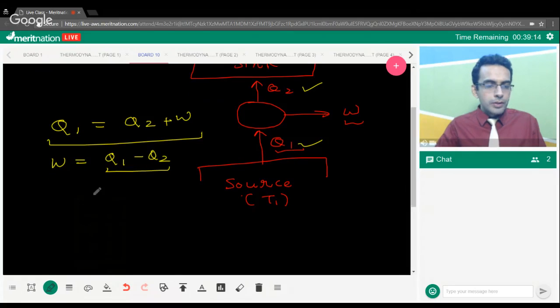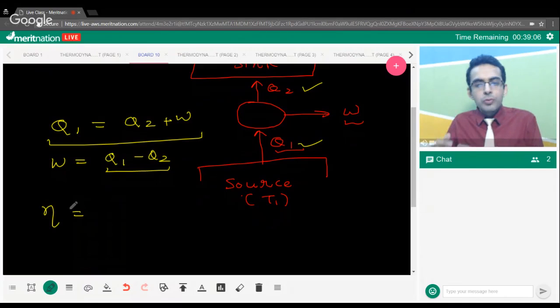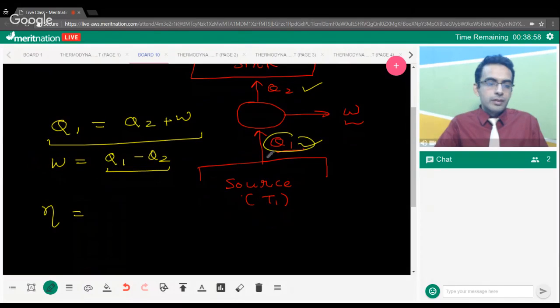So you see, what is efficiency? Efficiency is always measured in terms of output by input. What is the output here? Output is the work done. And what is the input? Q1 is the input. So W by Q1 into 100% is the efficiency.